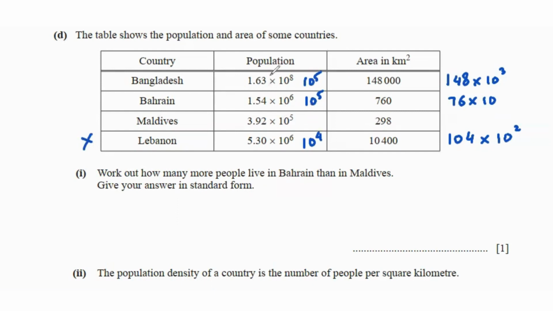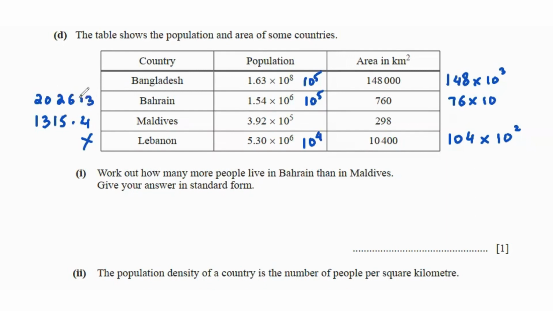Now, if we compare these three, 3.92 times 10 to the power of 5 divided by 298 is going to be 1315.4. Then for Bahrain, 1.54 times 10 to the power of 5 divided by 76 is 2026.3.